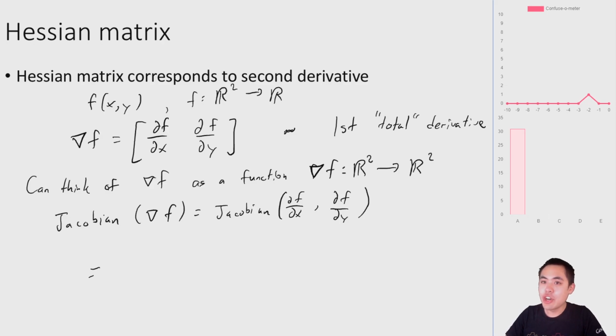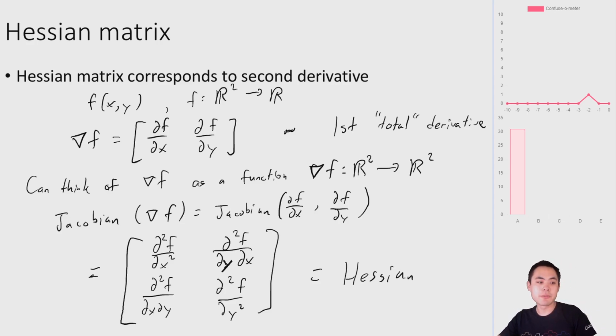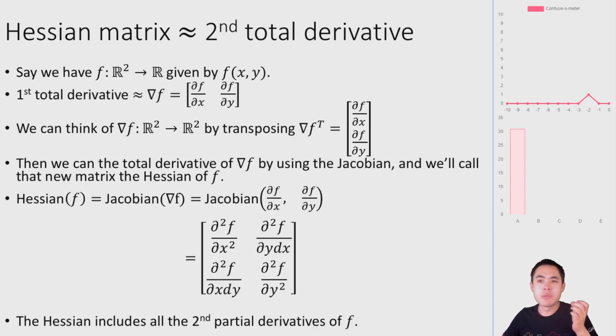And when you take that Jacobian of this gradient, what you get is this complicated matrix: del squared f by del x squared, del squared f by del y del x, del squared f by del x del y, and del squared f by del y squared. And this thing is equal to the Hessian matrix, and this corresponds to the second derivative. Oh, I didn't need to write all that out because I had it all typed out.